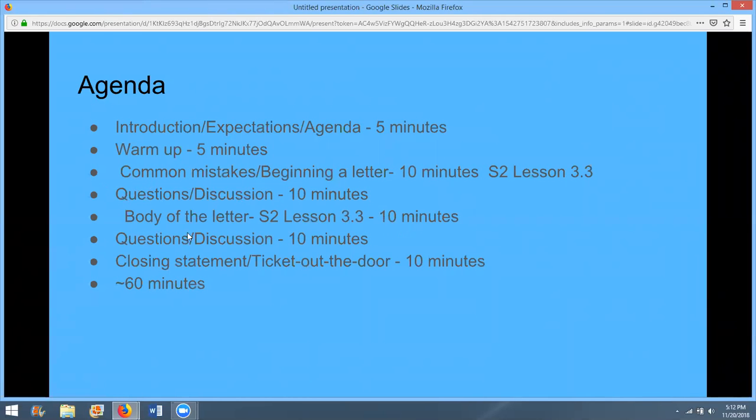And then we're going to talk about the body of the letter, piggyback a little bit more off of life in a trench as a World War I soldier, which was not fun. Last little session of 10 minutes of, like I said, any questions that you have for me. And then I do a ticket out the door closing statement. And it says 60 minutes, but I don't think we're going to be here for 60 minutes.